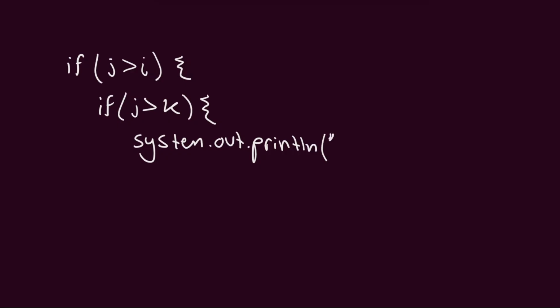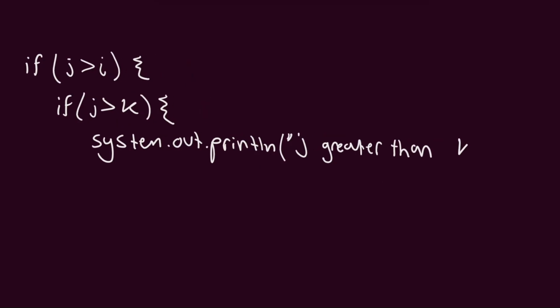We're going to say j is greater than, hold on, k and i. Okay. Now, if j is less than k, we're going to put a different print statement.